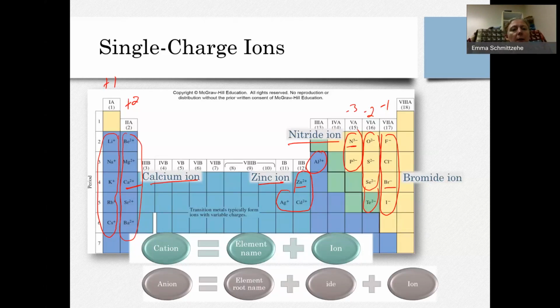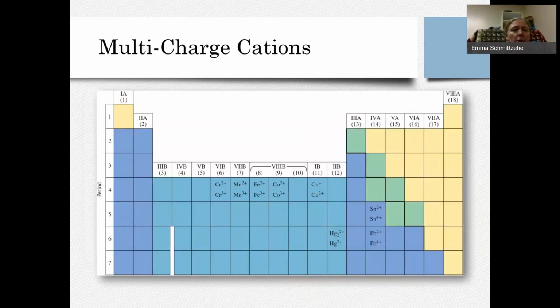And then next up, multi-charge. Okay, so again, like I said, it can be helpful to look at periodic tables with the ions on them. So you can find where these are, and even sometimes you can start to recognize patterns in what charges they form. Okay, now this one, again, doesn't have all the possible multi-charge cations, but it's got some very common ones that you tend to run across in chemistry a lot.